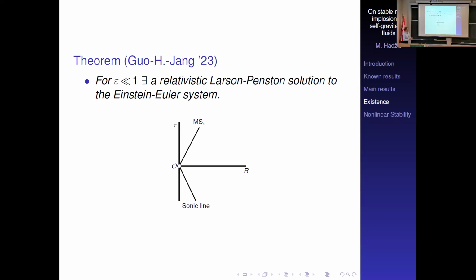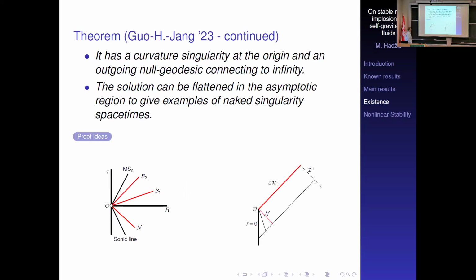You could ask me, what can I tell you about the causal structure of this thing? So this is a bad drawing. This sonic line is far in, relative to the backward light cone. So there exist these smooth backward light cones, and then there exists a first outgoing null geodesic, which also happens to be a line of similarity of this PDE.